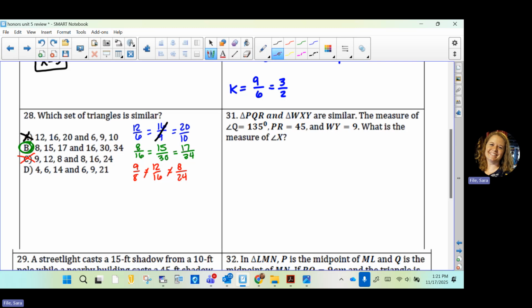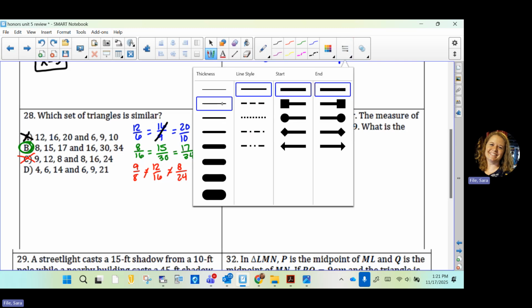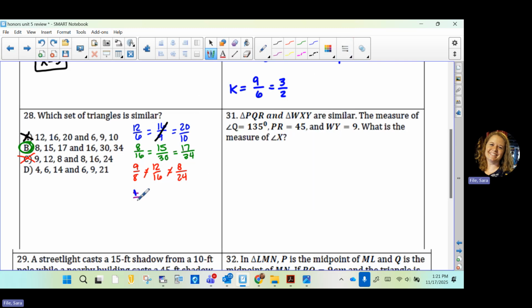And then last but not least, I would check 4 is to 6. That's 2/3. As 6 is to 9. That's 2/3. As 14 is to 21. That's 2/3. So does that one work? Those are all similar as well.